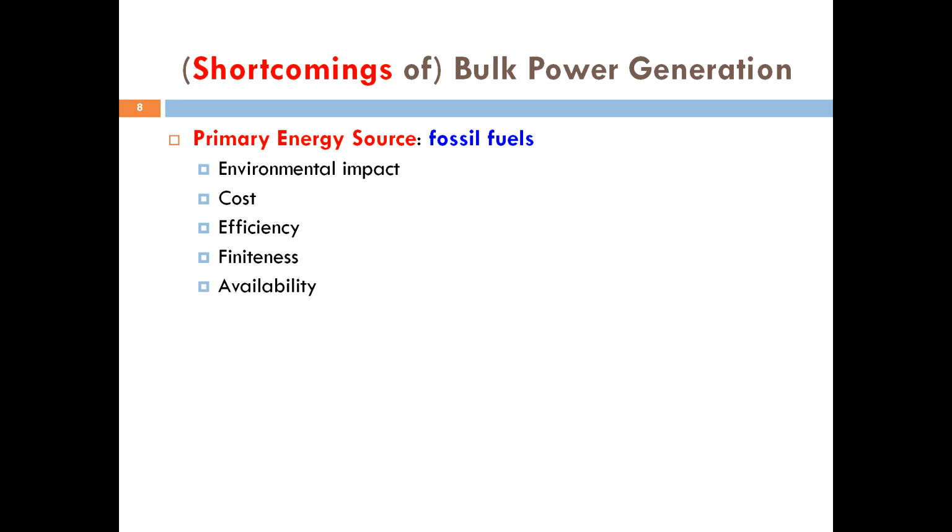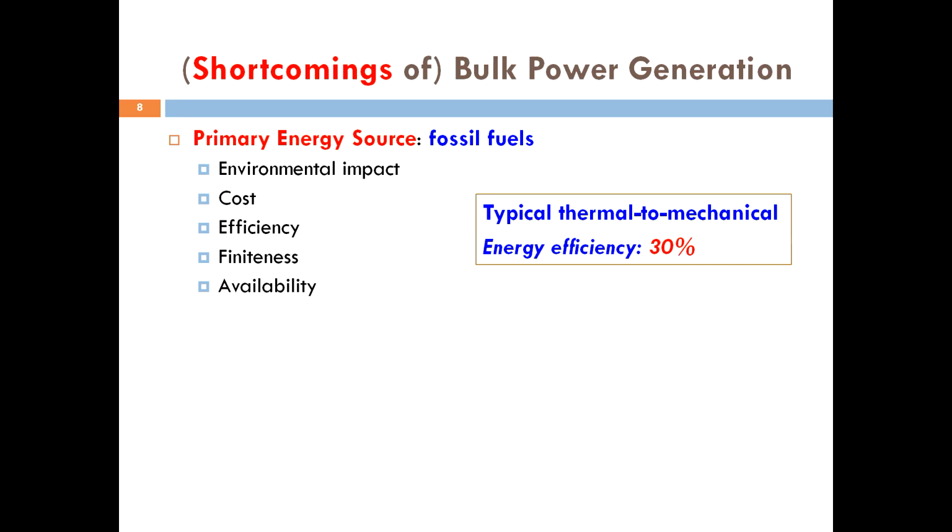efficiency, which is quite an important consideration, especially when we consider the fact that typically power generation based on fossil fuels has an average efficiency of 30%, which means that from the primary energy source, only 30% of the actual energy is converted into usable electrical energy.